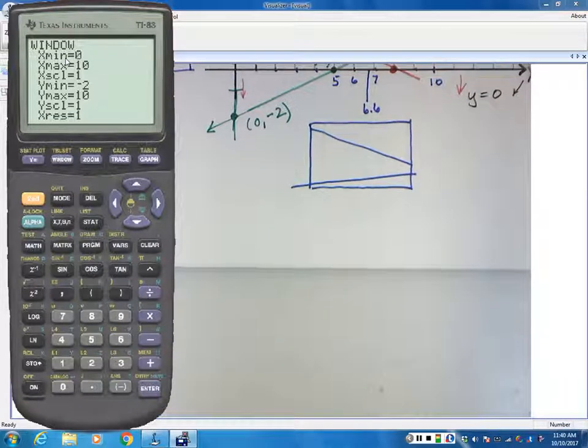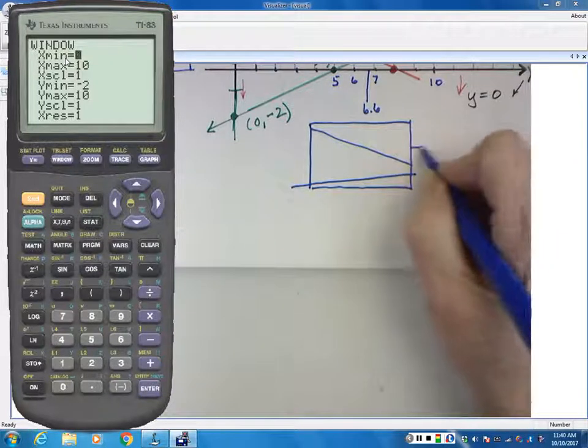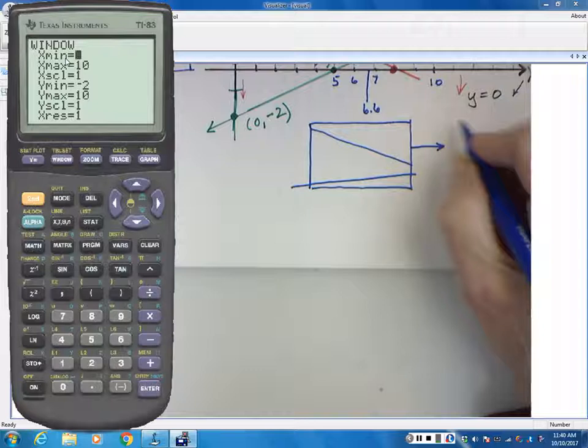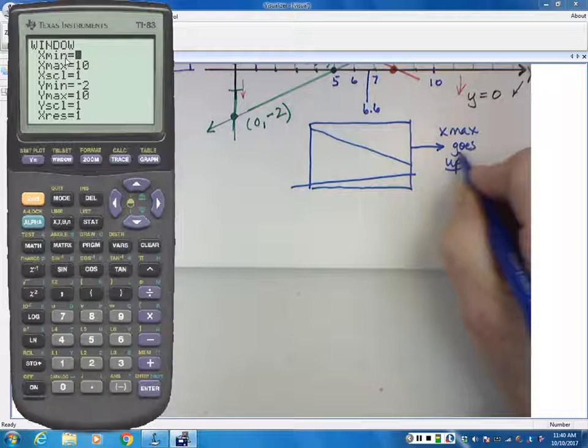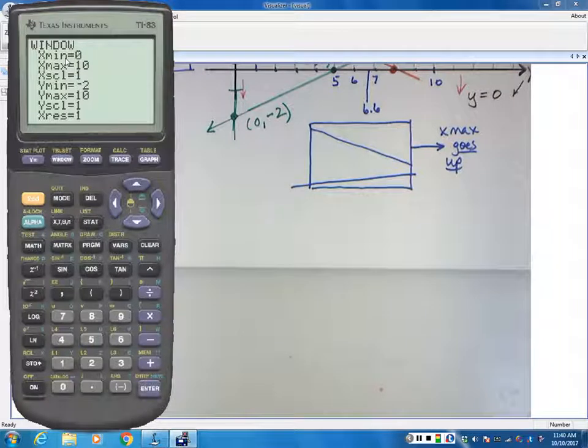Can you see it on that screen? What do you have to fix to be able to see your intersection point? A little higher on your X max. That's right. You need to move X max higher. That number needs to go up.